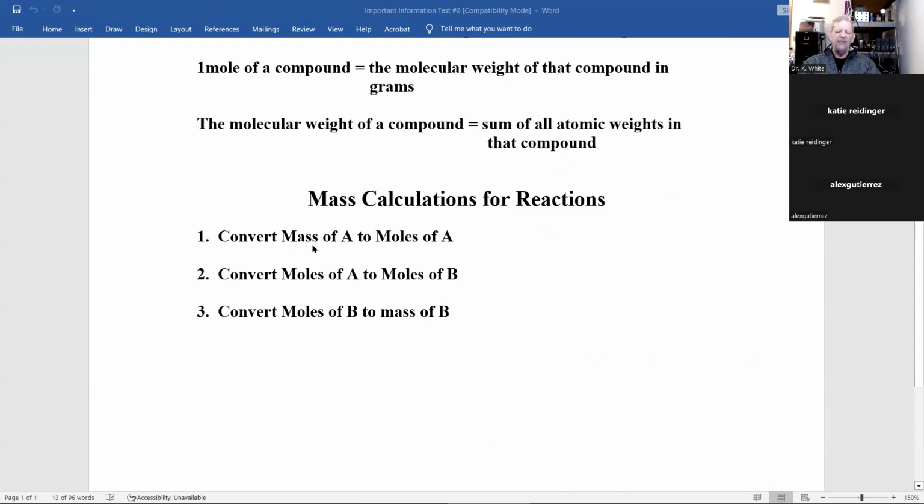The first step: whatever you're given the mass of, mass of A, you convert to moles of A. I'll be showing you this in a little while. Second step, moles of A, you convert to moles of B. And the third step, moles of B, you convert to mass of B. So let's look at how we do something like this.